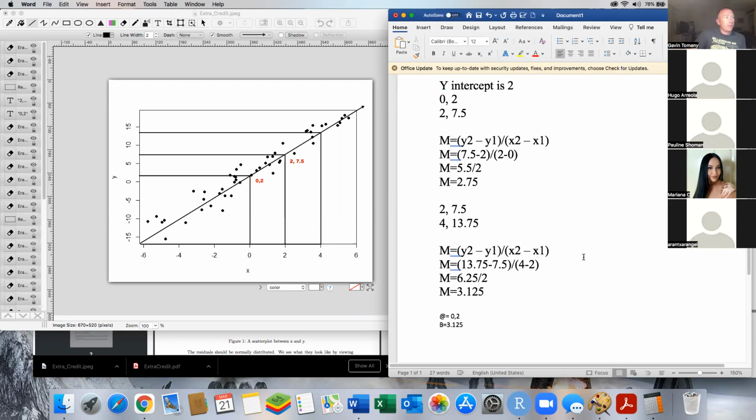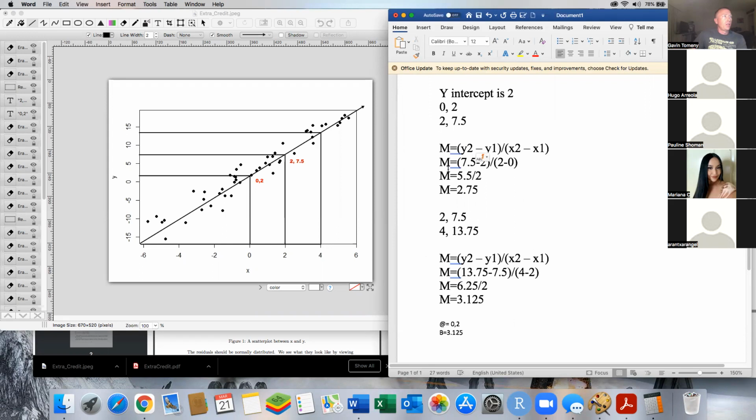And then just type it up so it looks neat. This is how you should have your formulas. It starts with m equals y2 minus y1 over x2 minus x1, then you put your coordinates into their correct spots, and then you work it down until you come up with that.